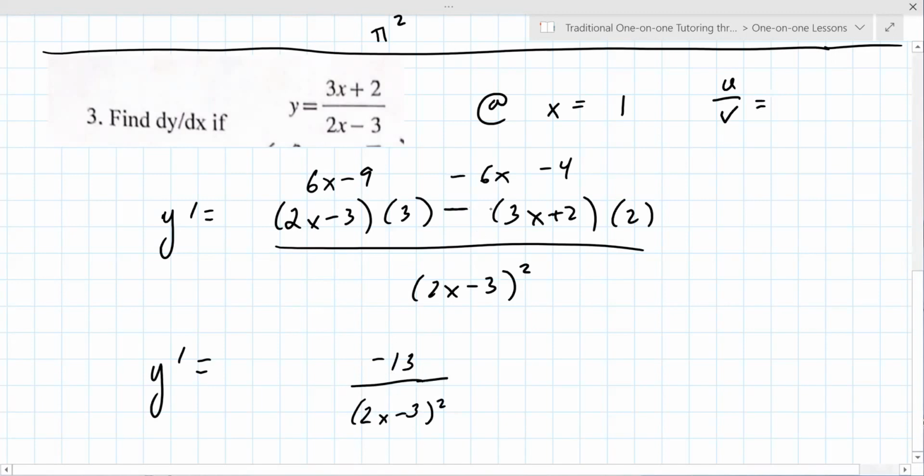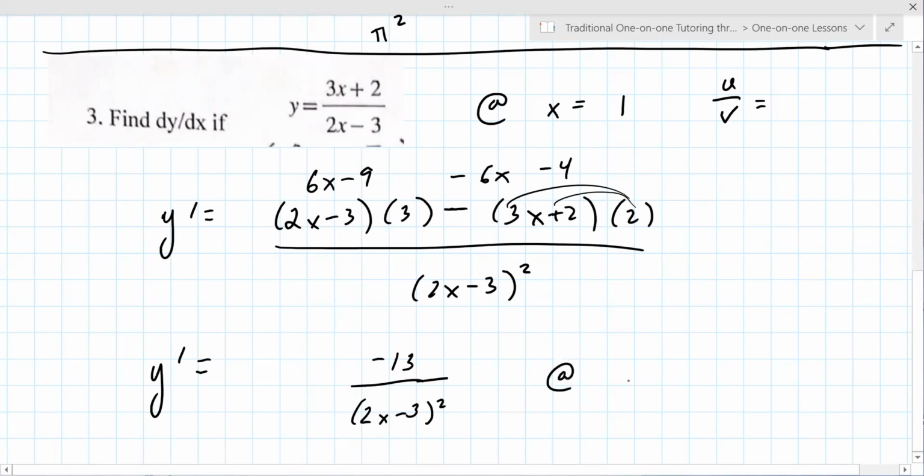Well, this negative distributes to both. So you get minus 4. Yeah, minus 4. So then that's negative 12, or 6 minus 6. Oh, those cancel. Yep. So then that's negative 13.